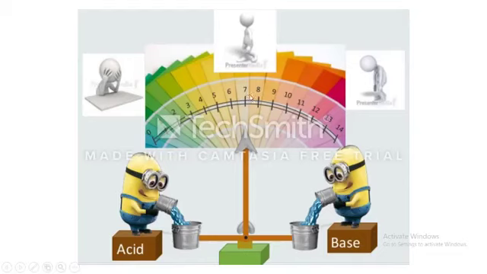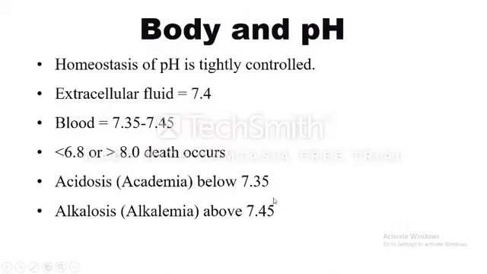And what happens if our body has more bases as compared to acid? We feel lazy and we cannot perform daily functions normally. So you see how important the balance of acids and bases is for proper functioning of our daily routine.